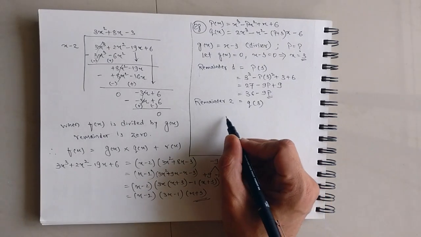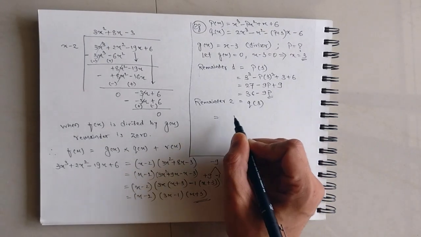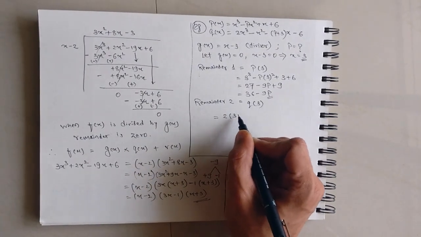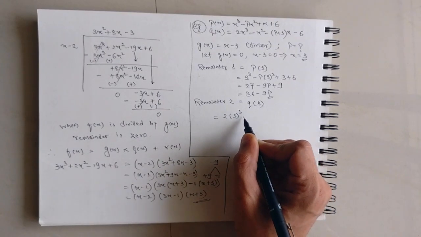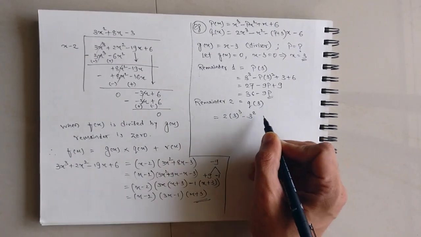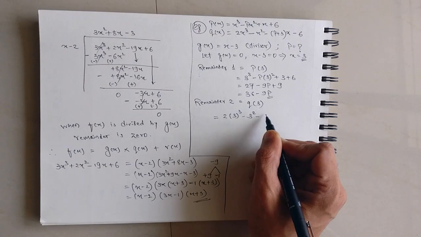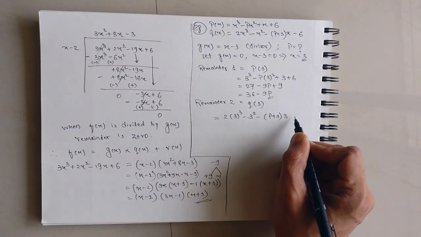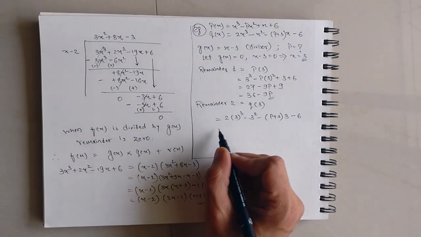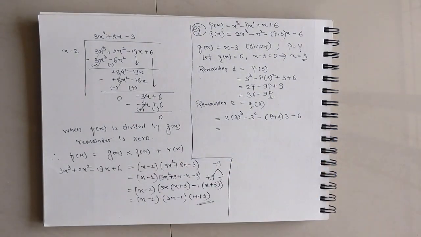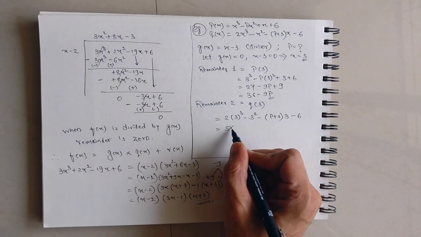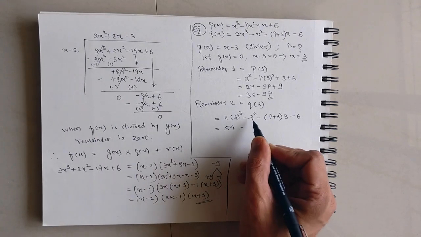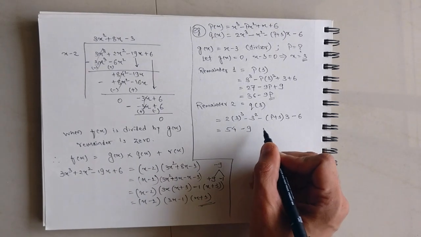So it will give you 2 into 3 cube minus 3 square minus p plus 3 into 3 minus 6. So 3 cube is 27, 27 twos are 54 minus 3 square 9.